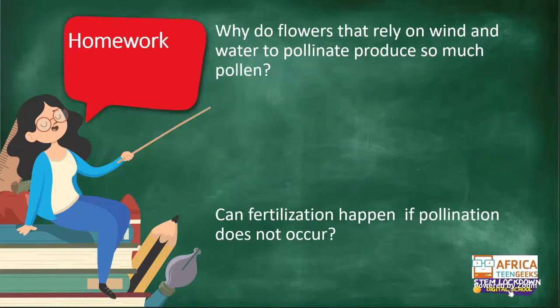Anyone have any guesses? You do not have to give me all the reasons. Just one of the reasons will be good. I just want to see if we are on the right track. Okay? No, cross-pollination is not the reason for them to produce a lot of pollen.